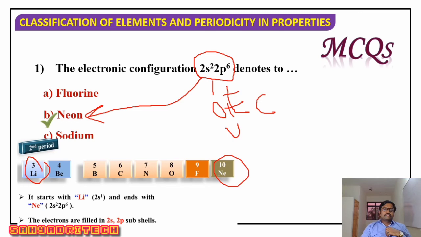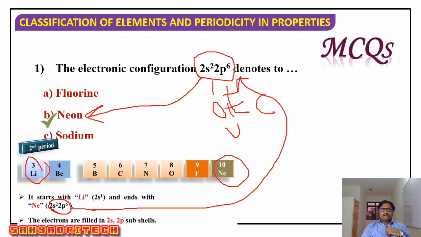Neon's electronic configuration is 1s2 2s2 2p6, and the valence configuration is 2s2 2p6. The question asks: the electronic configuration 2s2 2p6 denotes which element? It is neon.